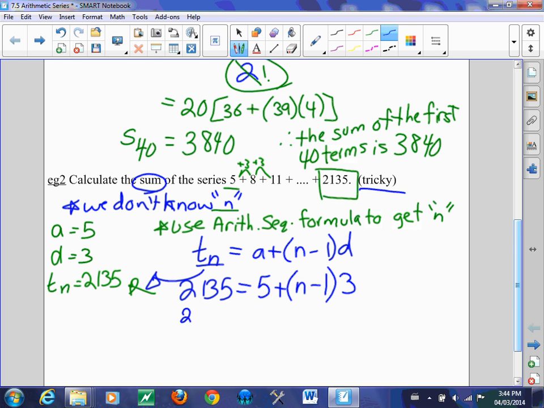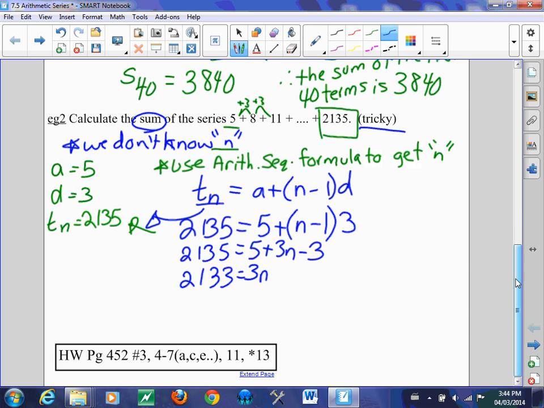We have 2,135 equals 5 plus 3n minus 3. Collect like terms. Put all your constants on the left. You're going to have 2,133 equals 3n. To get n by itself, divide by 3. Whatever you do to one side, you do to the other. So we have n equals 711.